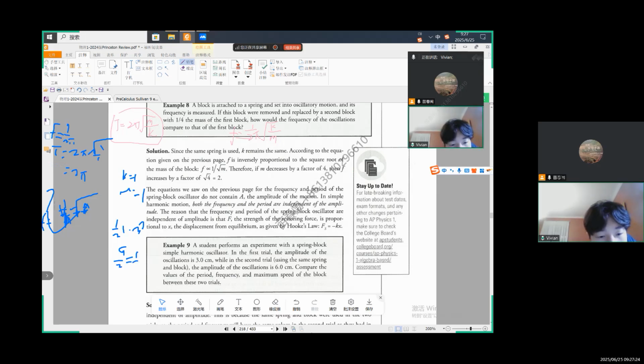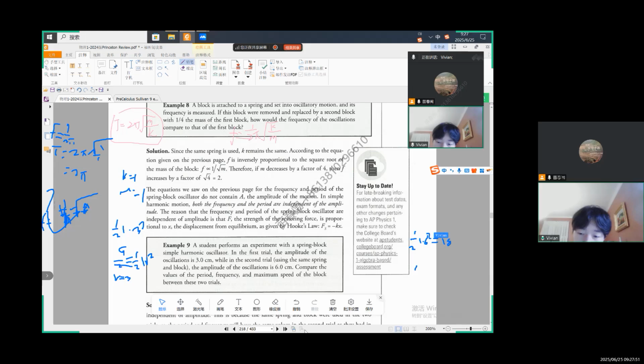And this is the total energy for the first one. 1/2 times 1 times V squared. The 2 cancels out, V equals 3 in the first one. And for the second one, 1/2 times 1 times 6 squared equals 18.